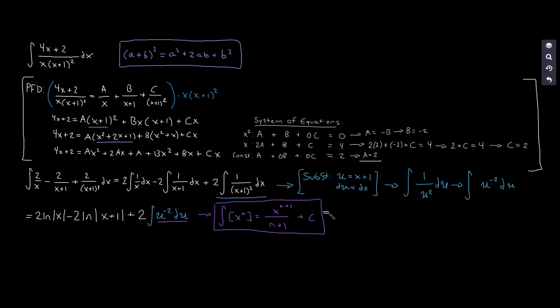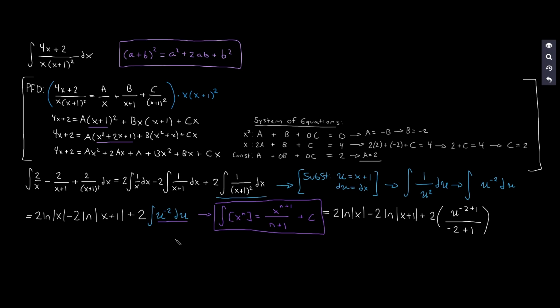Having applied the power rule, that would mean that this is going to equal 2 times the natural logarithm of the absolute value of x minus 2 times the natural logarithm of x plus 1. So I'm going to apply the power rule, and this is going to be 2 times u raised to the negative second plus 1 over negative 2 plus 1.